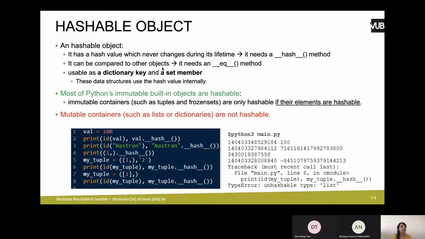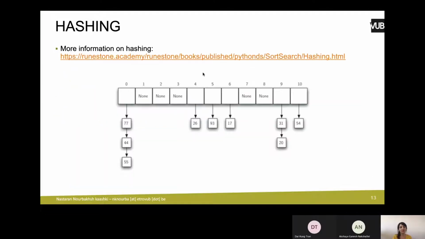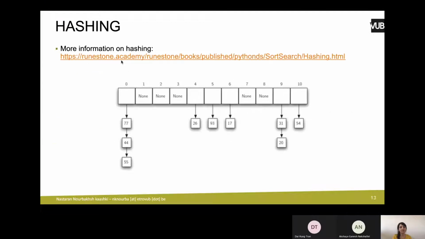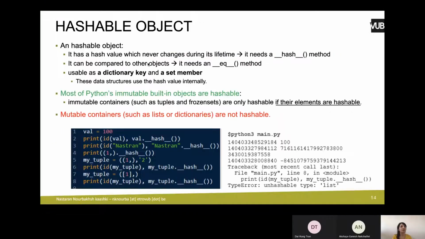Also, it can be compared to other objects. For this one, we said that we need a hash value. With this one, we are saying that we need to compare to check if it is present. So the hashable object should be comparable. It means that it should have the EQ method.